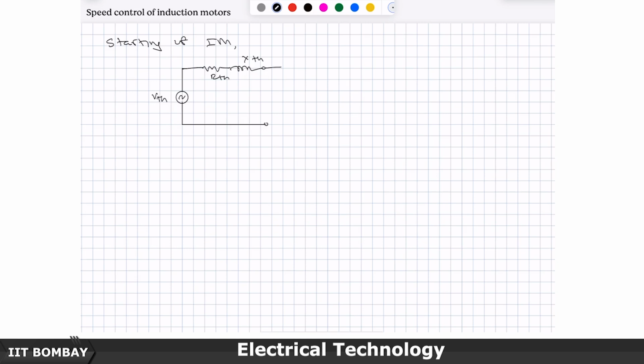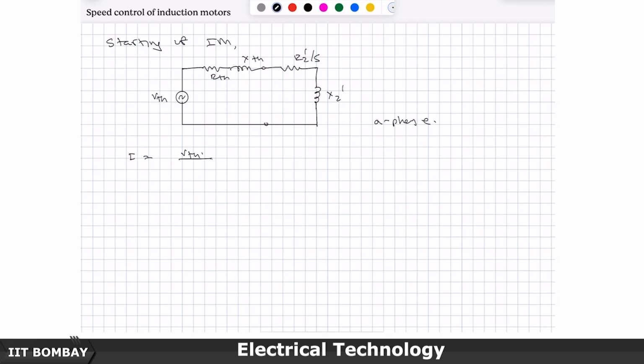This is the Thevenin's equivalent, this is the R2 by S, and this is the X2 dash, and this equivalent circuit was used to derive the current. This is, let us say, A phase, similarly you can have 3 phases.